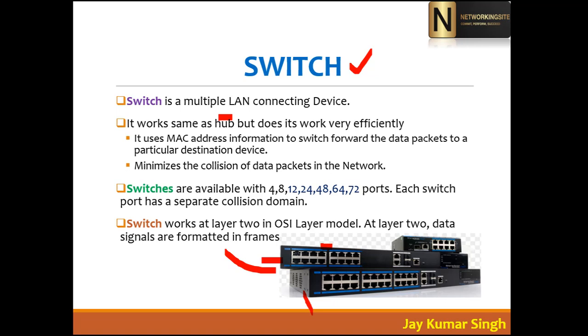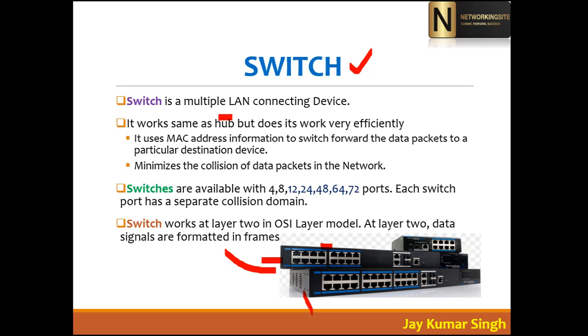Whenever data comes to hub, hub directly forwards the data, or you can say forwards the frame, and it always broadcasts. But with switch, the first time you send data, the switch will broadcast, but the second time the switch knows who is sending and who is receiving. That's why switch communication is faster than hub.